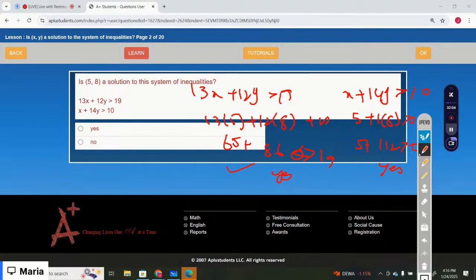Because the solution is for both, the correct option is yes.